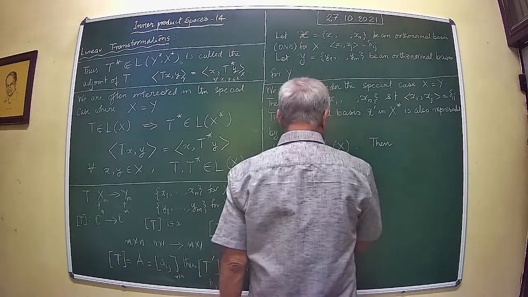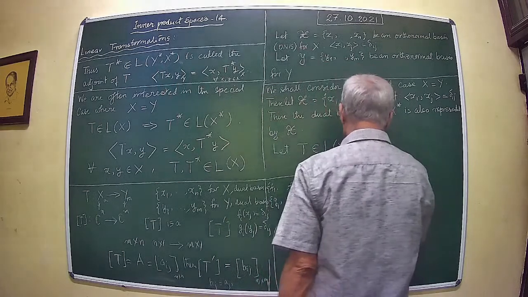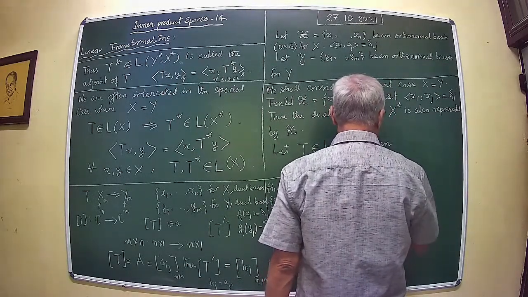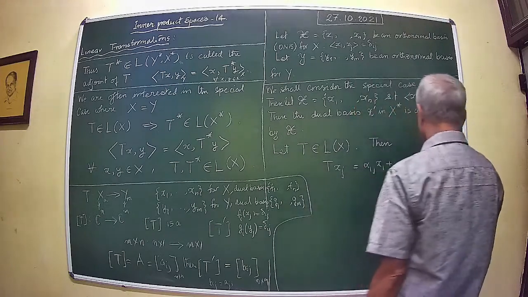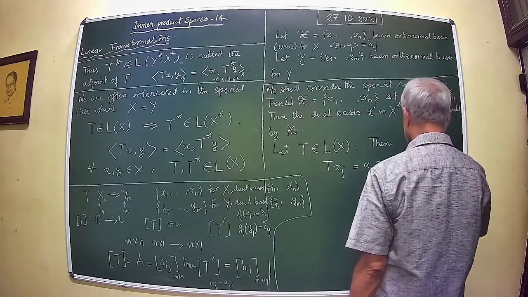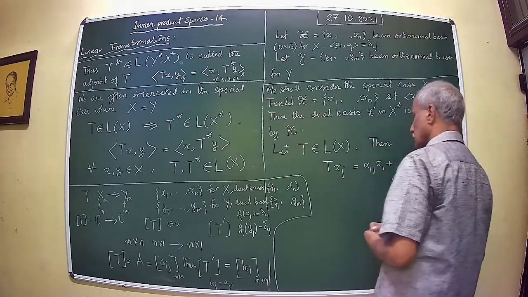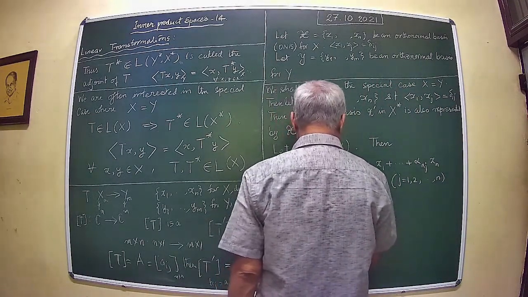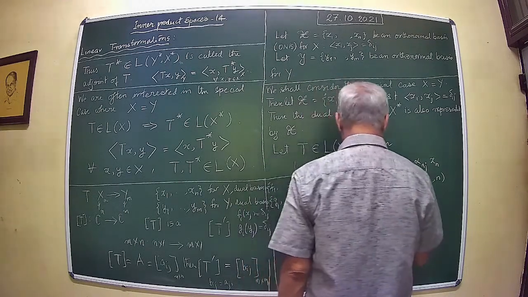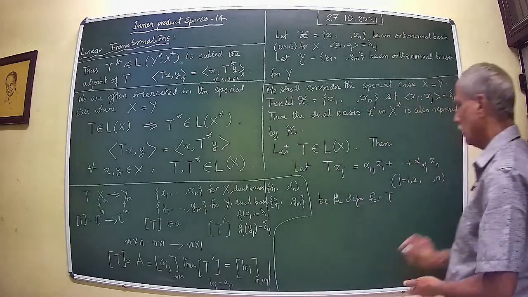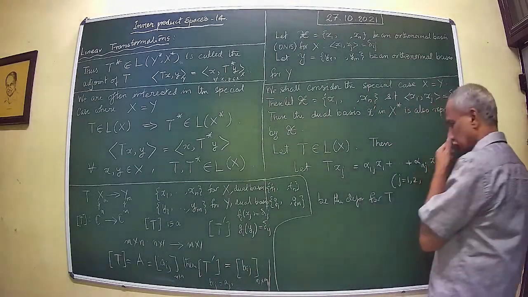Then T of xj equal to, okay, T can be defined in this way.